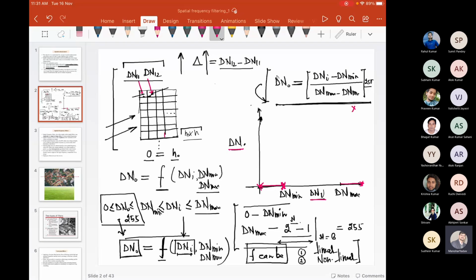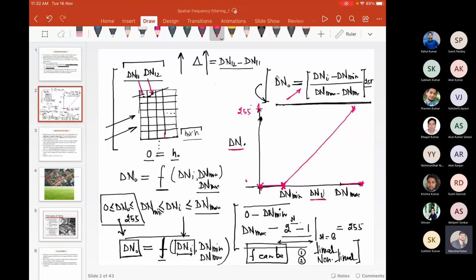So one line comes over here, and this point will come over here. So we have 255 and 0. This equation is linear in nature, so this will be the transfer function.